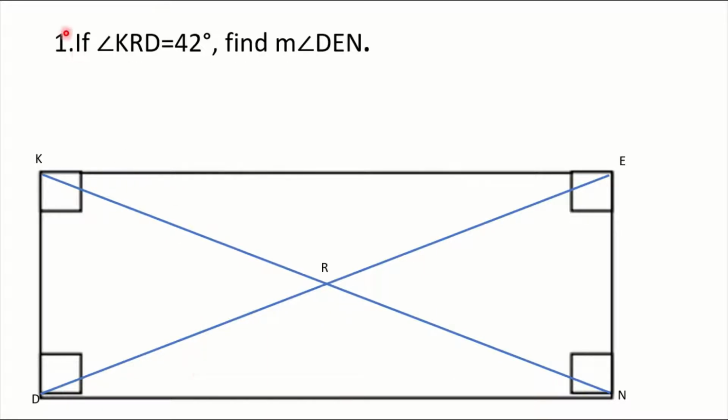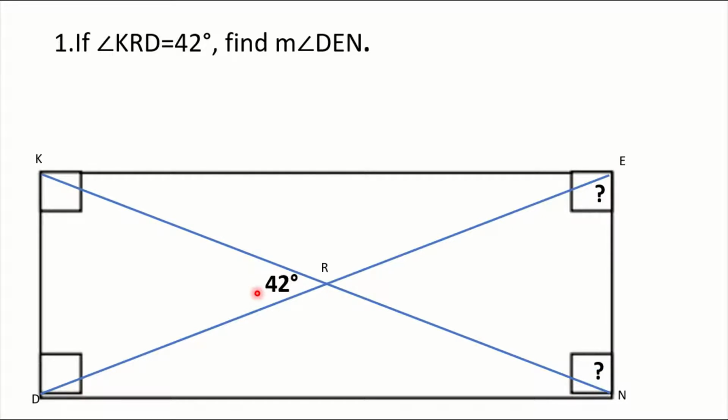Next. Hindi na naman napalitan. Number 4 na tayo. If angle KRD is equal to 42 degrees, then find the measure of angle DEN. So, let's put the angle. So, KRD is 42 and ang nawawala is yung DEN. Ito ang nasa taas. So, how are we going to get the answer kung nandito naman yung angle?